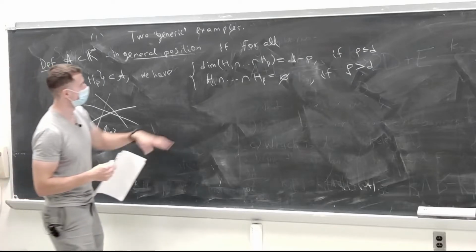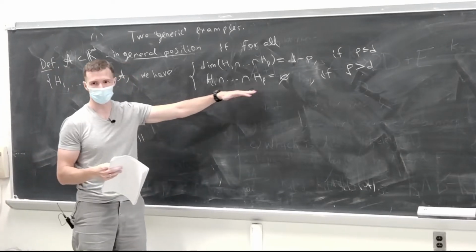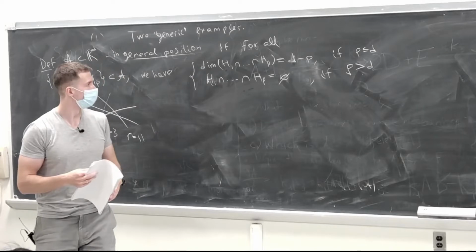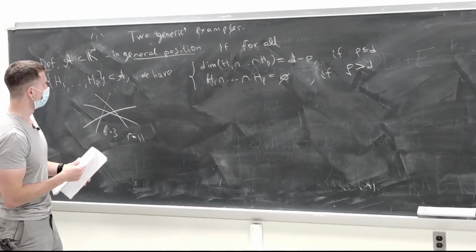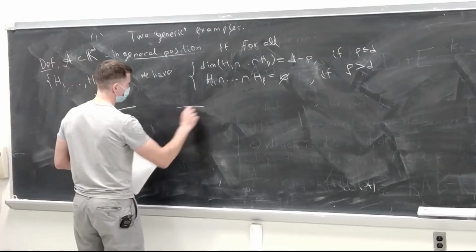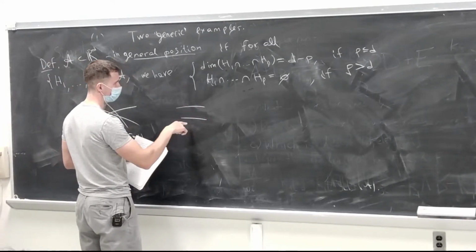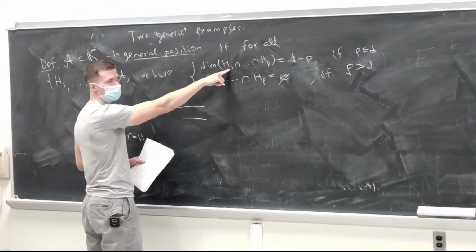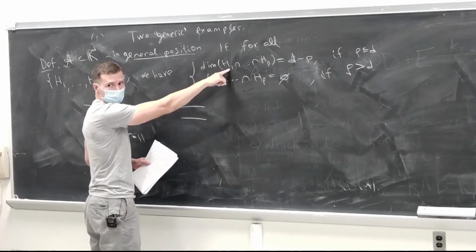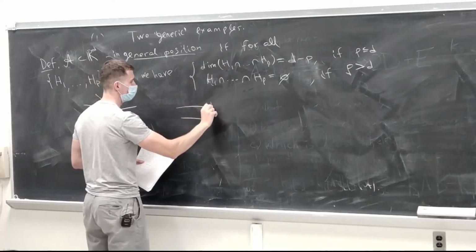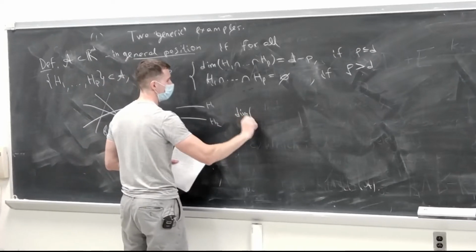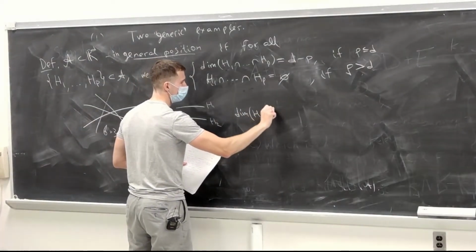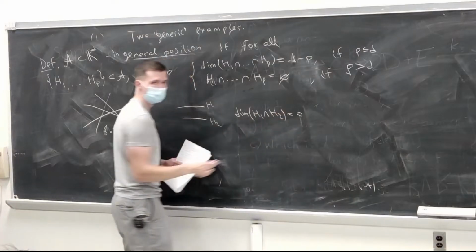So actually, if P is D plus 1, then this is empty. Wait, hold on. If I have 2 parallel hyperplanes in R2, then I have a problem with this condition. If this is H1, H2, then the dimension of the intersection should be 0.